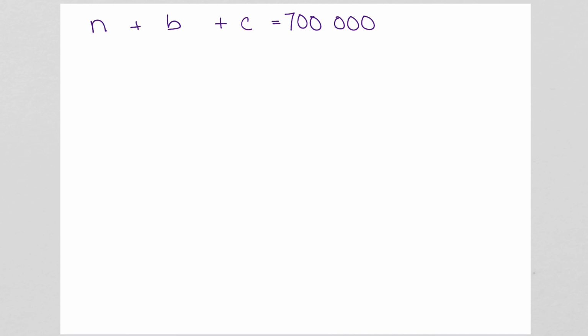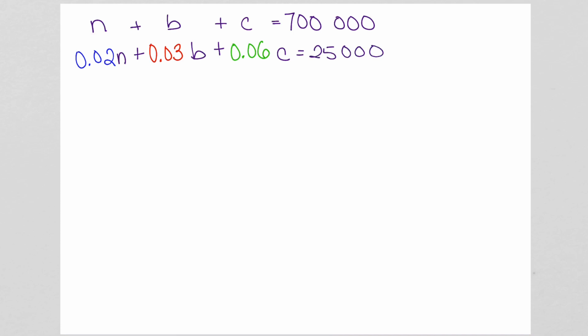Then they have 2% in Treasury notes, so 0.02 times N. And then they're doing 3% in Treasury bonds and 6% in corporate bonds. And all that put together, they're hoping to get $25,000.